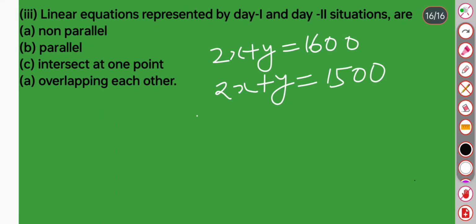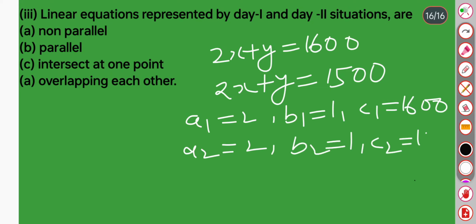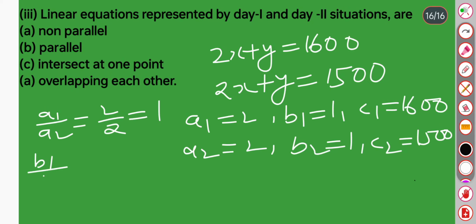Now if I compare, a1 is 2, b1 is 1, c1 is 1600. Similarly, a2 is 2, b2 is 1, c2 is 1500. Compare a1 by a2: 2 by 2, cancel, we get 1. Similarly b1 by b2: 1 by 1 means 1.